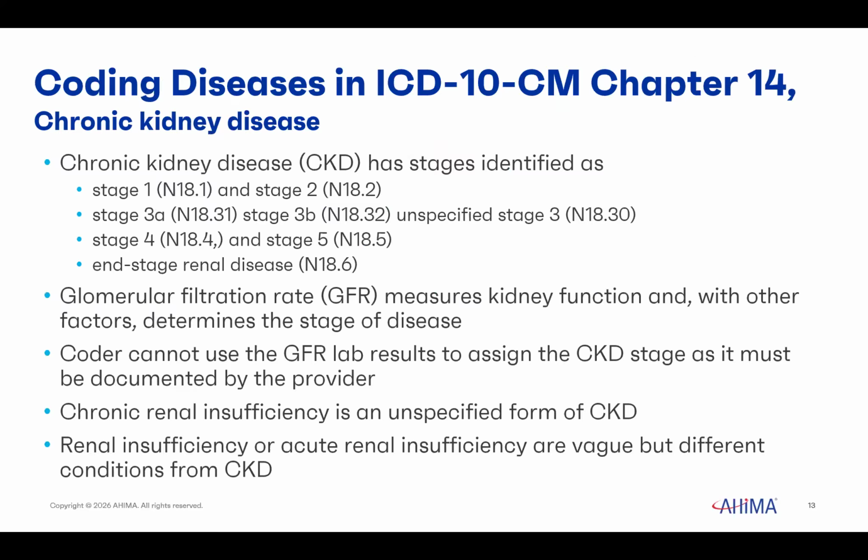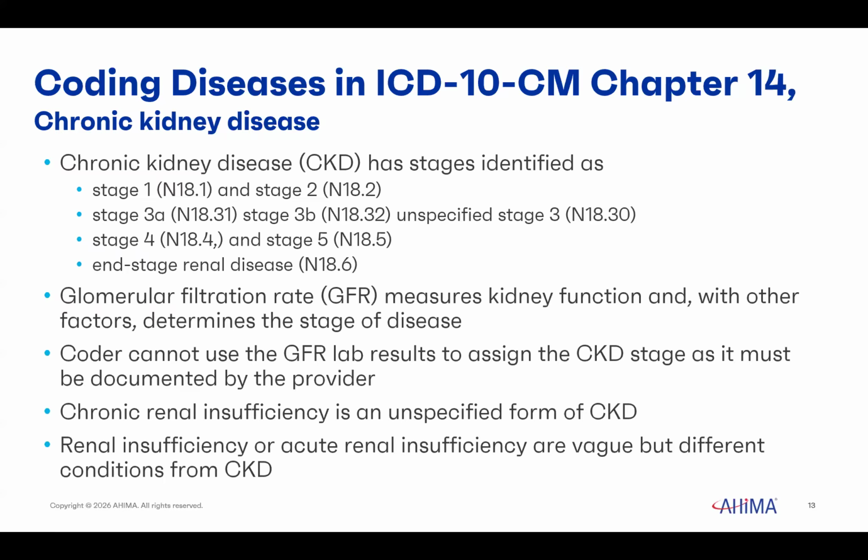We have stage 1, which corresponds to code N18.1, and stage 2, N18.2. Please note that if you code chronic kidney disease with N18 and you don't capture the rest of the code, this is an invalid code.